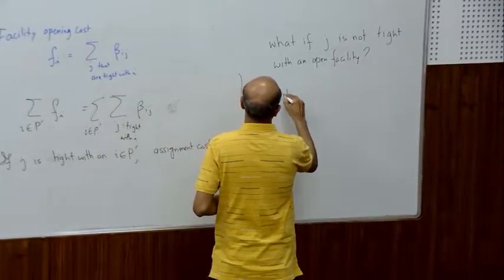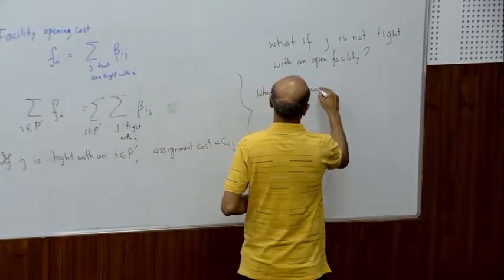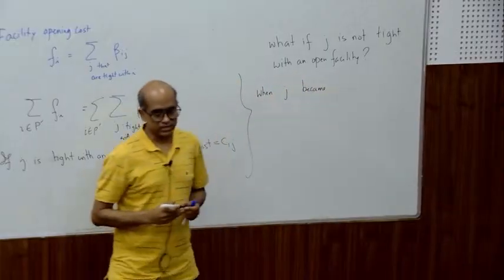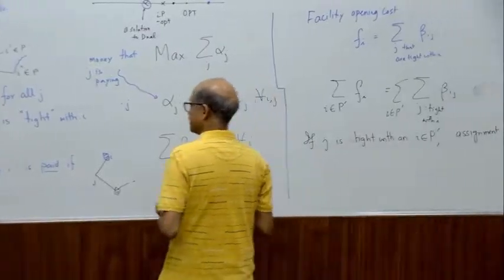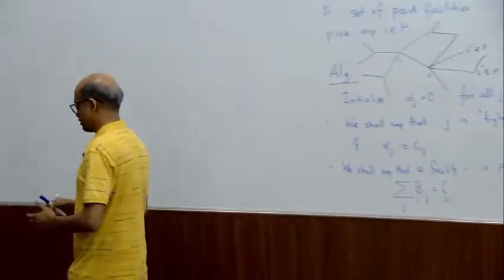So when J became tied with a paid facility, everybody is tied with a paid facility. So let's say J was tied with some paid facility. Let's call it I prime.